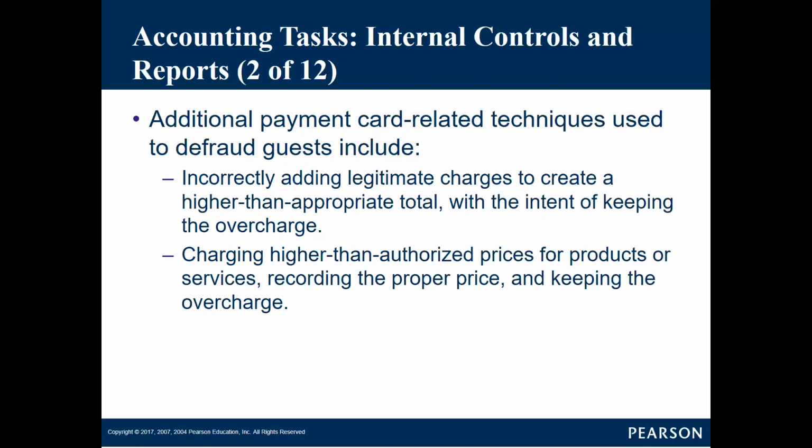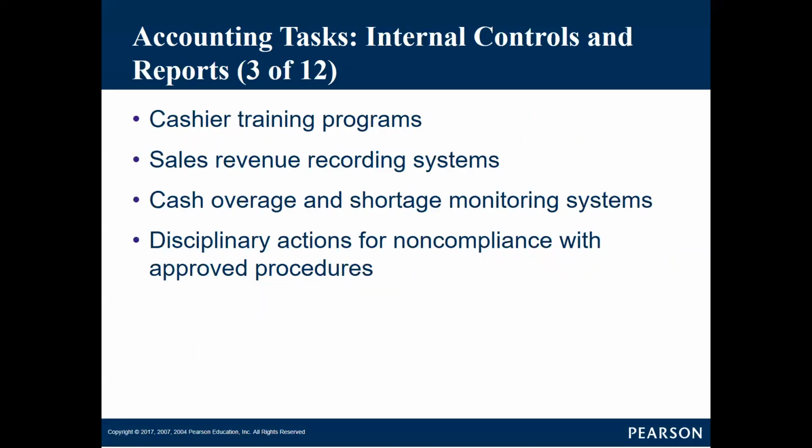GMs should monitor the quality of the cashier-related security programs designed by the controller, right? Now, there are a few methods we'll use to help evaluate the cash control systems, such as the cashier training programs that we have in place, sales revenue recording systems, and cash overage and shortage monitoring systems.